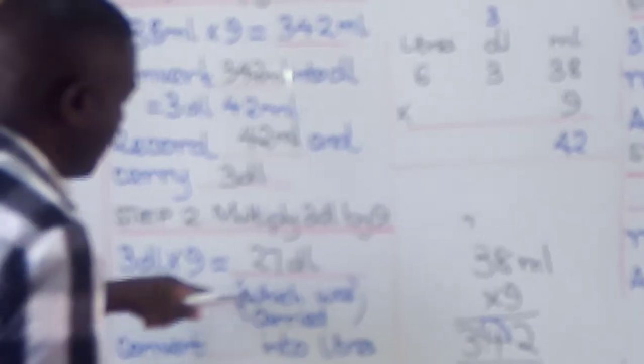We add 3 to 27, and we're getting 30 deciliters. Boys and girls, 30 deciliters.